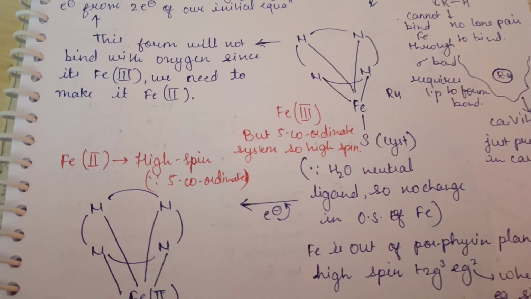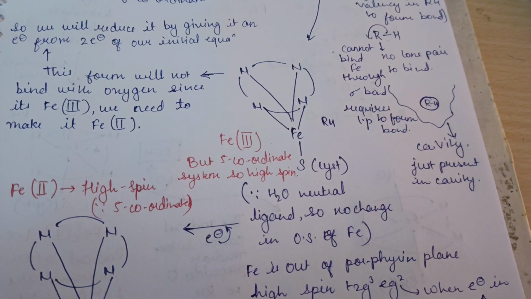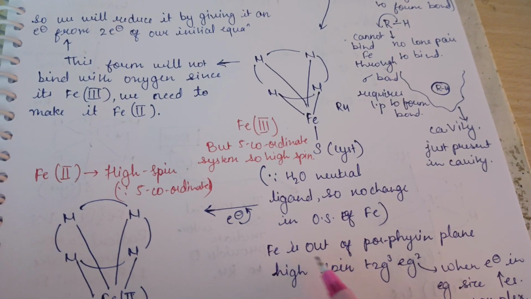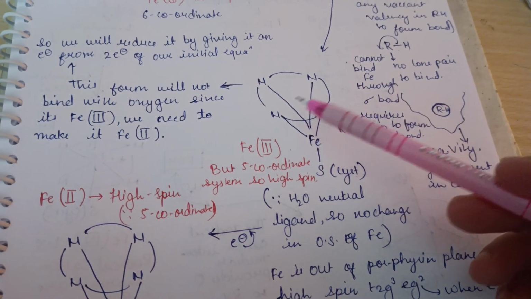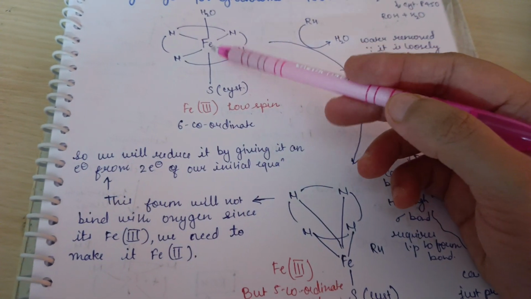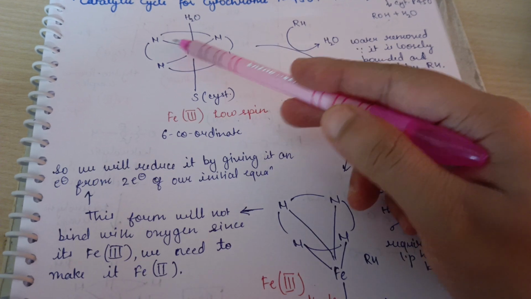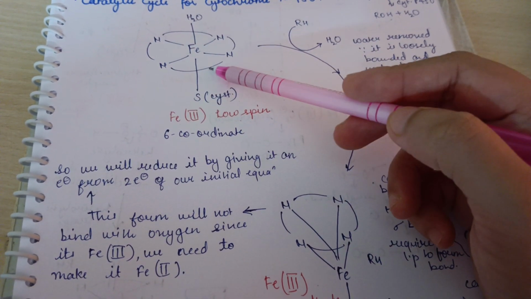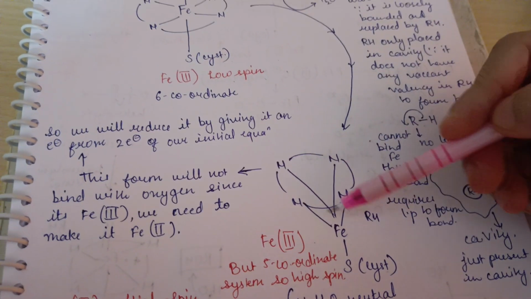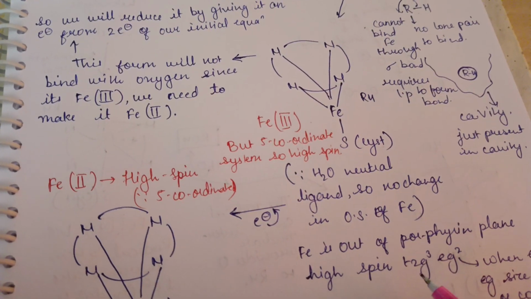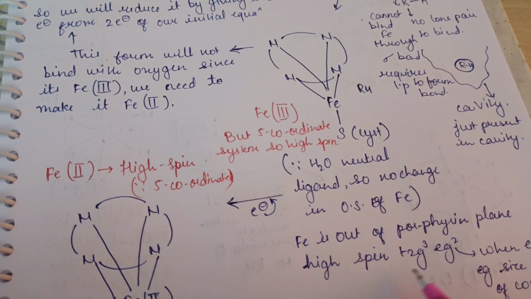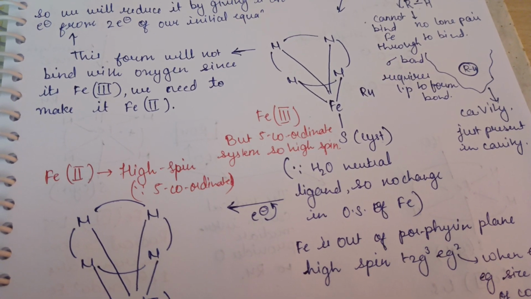Now in this structure also we can see that iron is out of the porphyrin plane. Why? Here we can see that it is in the plane of the porphyrin ring that I have shown, but here iron is out of the porphyrin plane. It is out because it is high spin, t2g3 eg2.